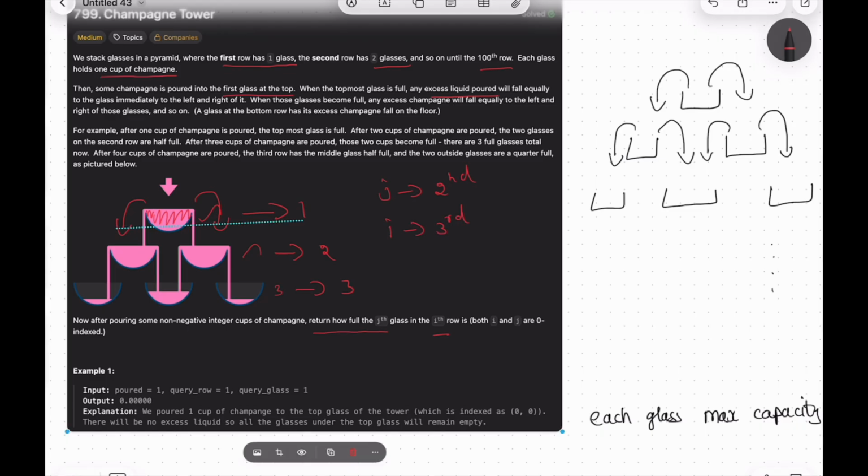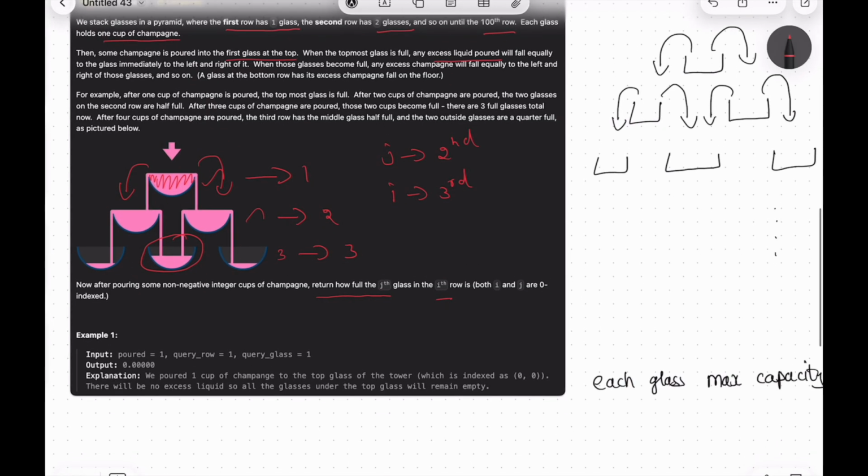In that case you have to find the second glass, which is nothing but this, and return the amount of champagne within this glass as the output. The parameters are the poured value, the total amount of champagne being poured, and the query row and query glass, using which you will return the amount of champagne present within the glass.